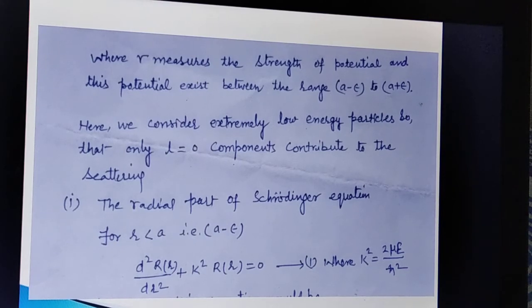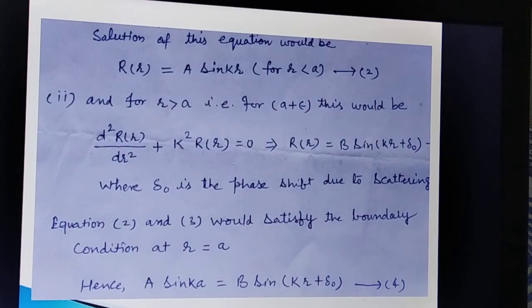This is equation number 1. The solution of this equation is R(r) equal to A sin of kr. This is the region from where you are having an incoming wave.